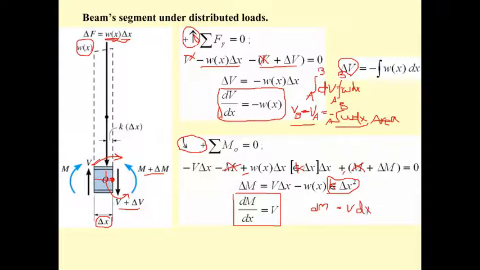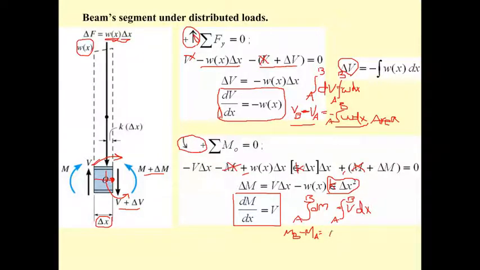And if you do the integration from A to B, and also from here from A to B, you will get M sub B. This is going to be M sub B minus M sub A. The change in the moment between B and A is going to be what?